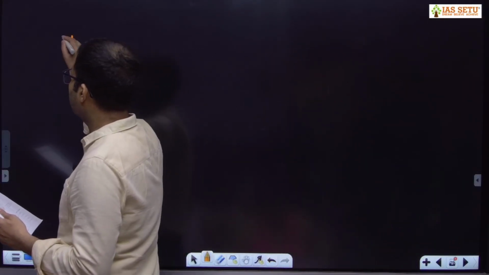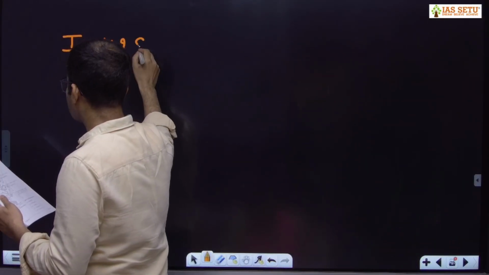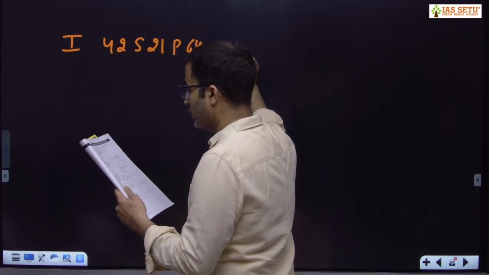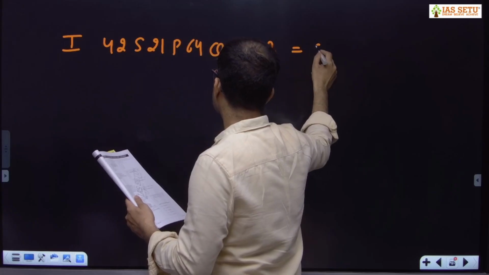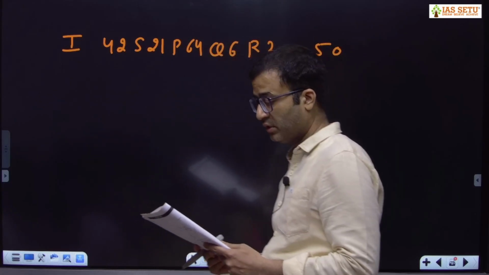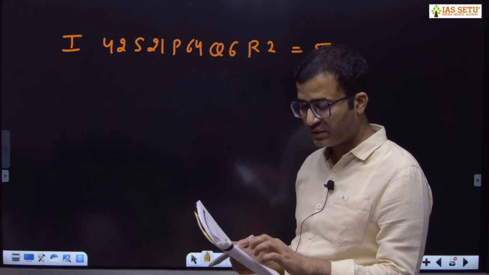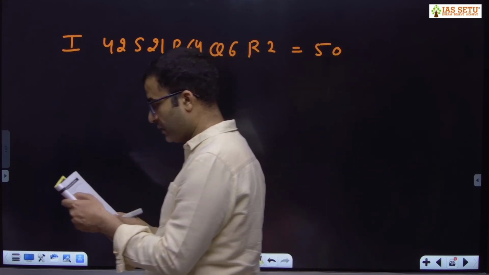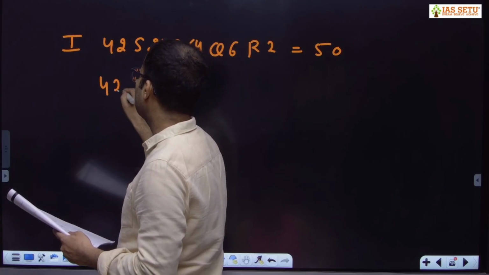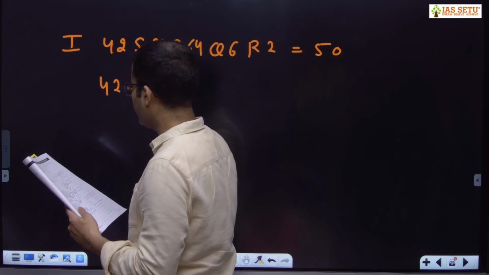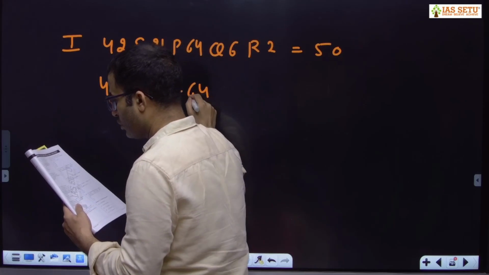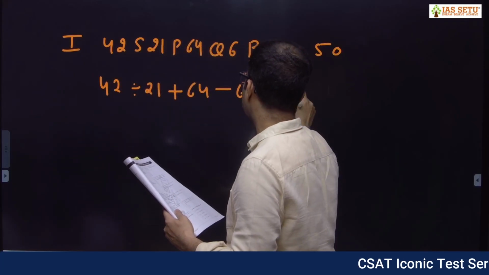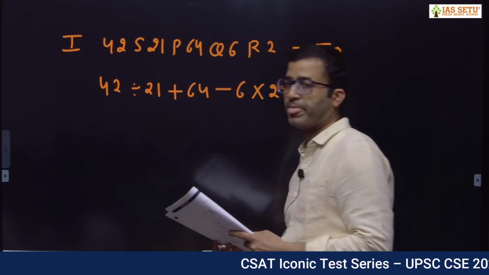Statement number 1 is 42 S 21 P 64 Q 6 R 2, is it equal to 50? We have to check. Here the coding is given in the question. P denotes addition, S denotes division. So 42 divided by 21, plus 64, minus 6, into 2 is equal to 50.